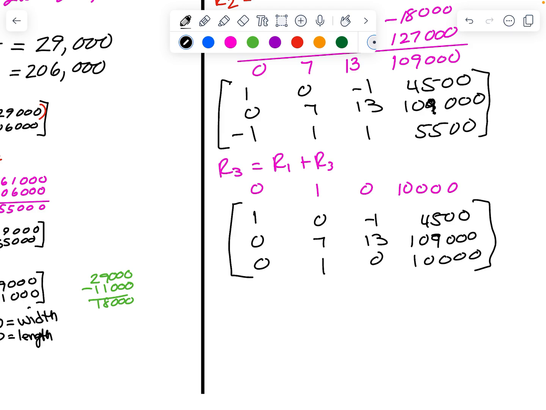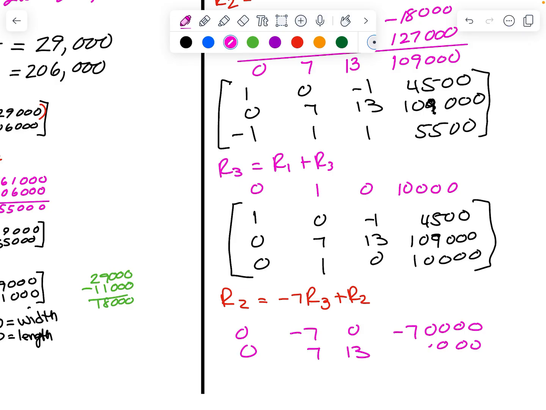So now my row 2 is going to be -7 times row 3 plus row 2. All right, so that would be 0, -7, 0, -7, 1, 2, 3, 4 zeros. And 0, 7, 13, 9, 0, 1. I just want to get my digits together. Oh, that needs to be a 1, not a 0. Dang it. Oh, I should divide it.